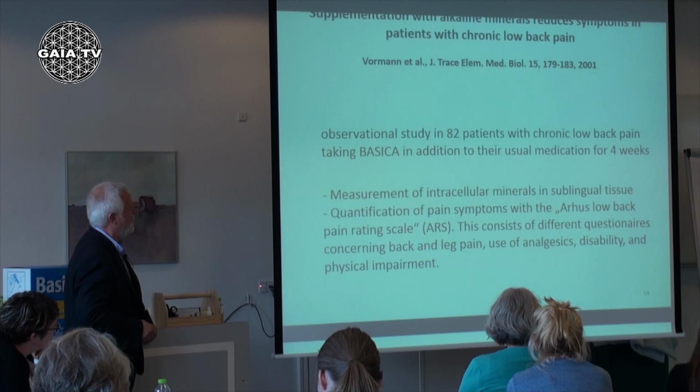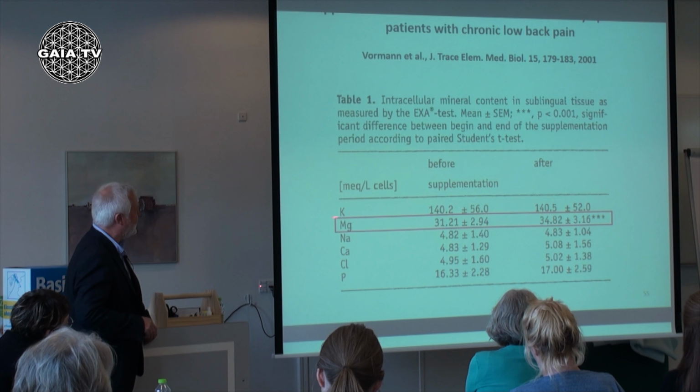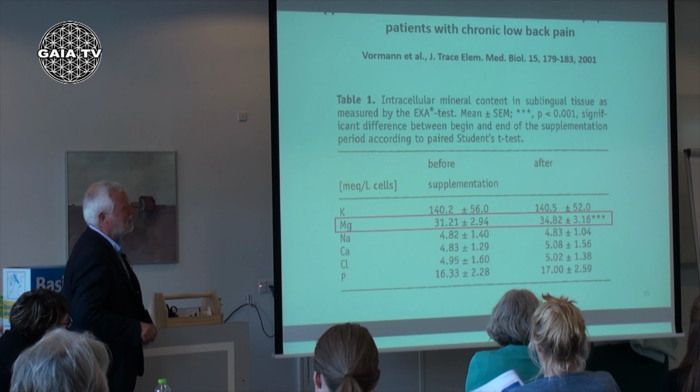You see first the intracellular mineral content, and what you see, there's no change in potassium, sodium, calcium, and so on. However, there's a significant increase in magnesium just by having this alkaline supplementation with Basica.